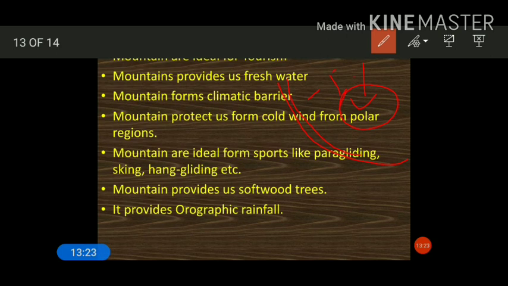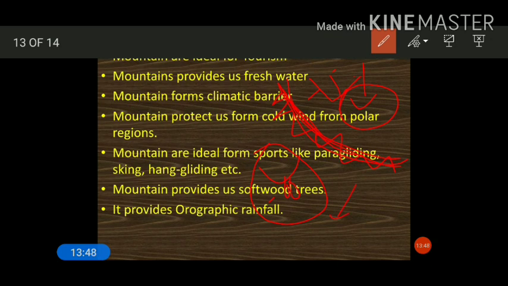In the same time period, in the southern portion of the Himalayas, the temperature hardly falls below 0 degrees Celsius. So you have a different climatic region here and a different climatic region there. This is due to the existence of a natural wall of mountains which is protecting the subcontinent of India.